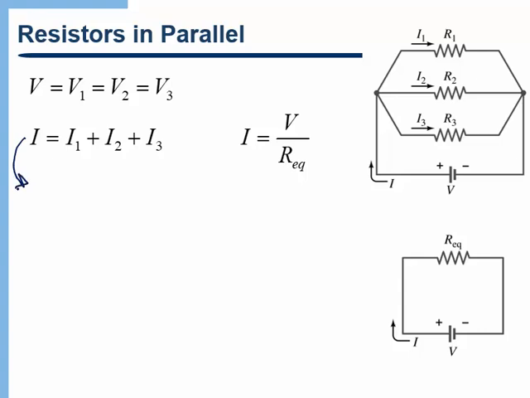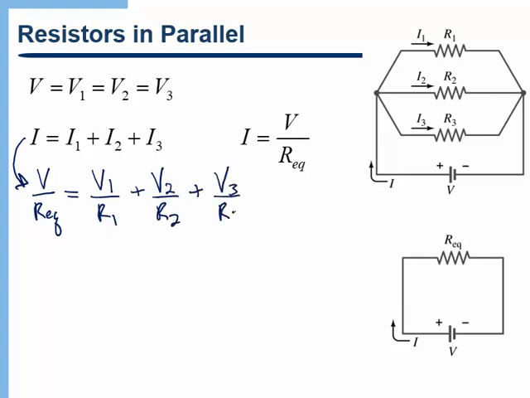And since we know that in general current is voltage over resistance, I can rewrite that as the voltage of the battery divided by R equivalent. And now I1 would just be V1 over R1. I2 would be V2 over R2. And I3 would be V3 over R3.